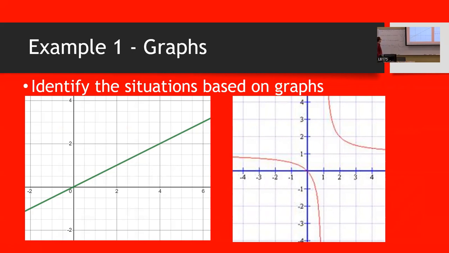So that looks like a rational graph. So on the left, that's a linear. On the right, that's a rational. That's all we're saying right now.